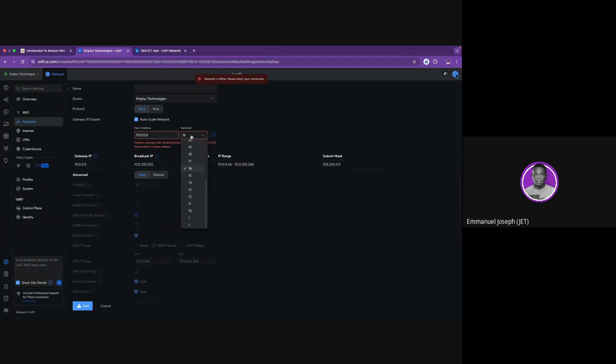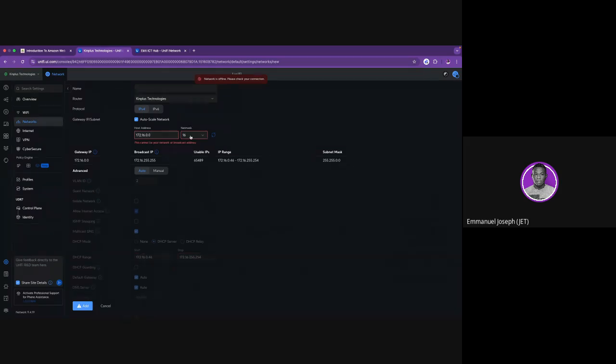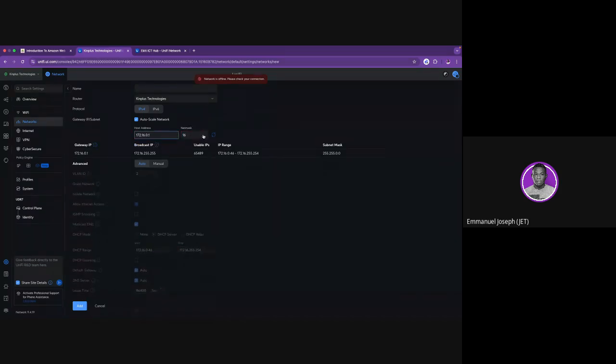If this was /8, it will give you the full class A. As you can see, in this case, class A is not available, so we can't use the full class A, but we can use class B. Class B is a standard class B address, 172.16.0.0/16. Because 0 is taken, that's why we use 1 here.